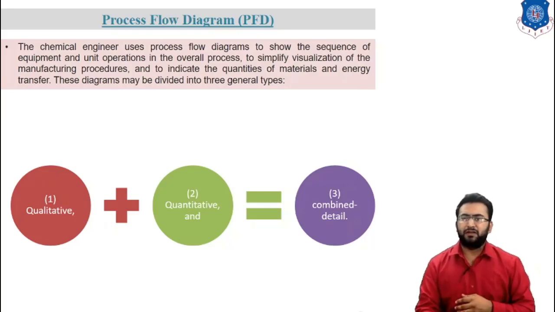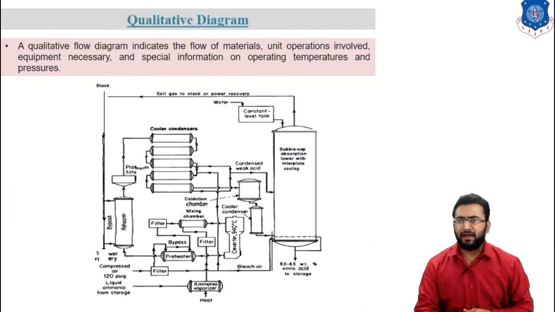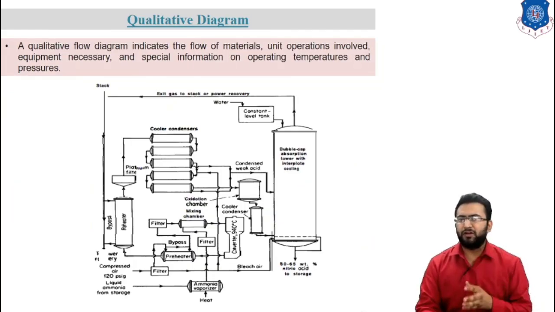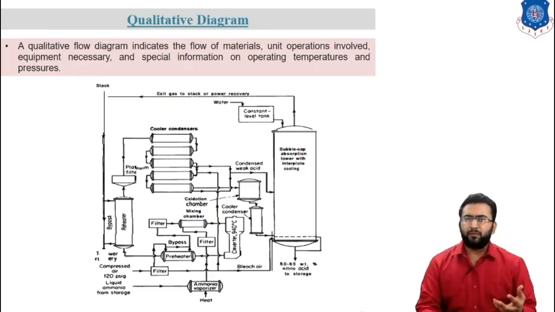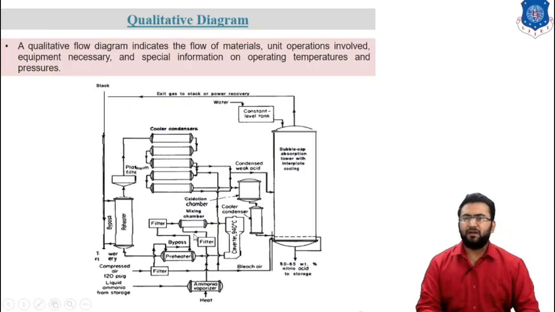First, the qualitative diagram, second, the quantitative diagram, and third, the combined detail diagram. So let's first talk about the qualitative diagram. A qualitative flow diagram indicates the flow of material, unit operations involved, equipment necessary, and special information on operating temperature and pressure. So this is one example of a qualitative diagram.